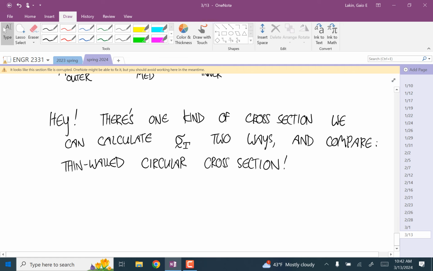Well, let's go through this in a general way. I'm going to use all general values for this stuff, and we'll be able to see in the formulas we get how these things are different and how they would deviate as the walls get thicker and stuff like that. Okay?